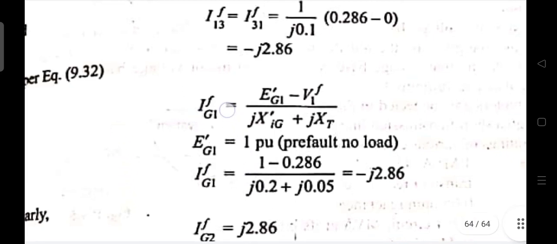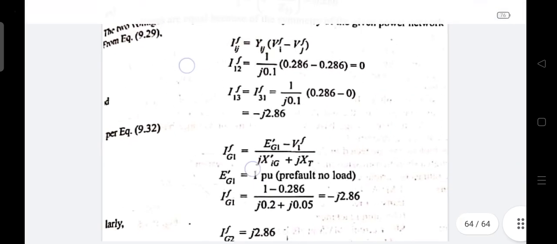We'll give the result as generator 1 current minus j2.86, and the current in G2 will be in the other direction, so it will give us a plus term, j2.86.